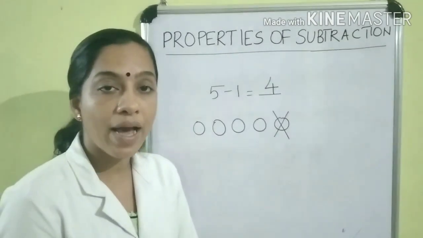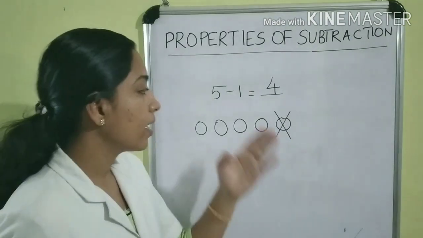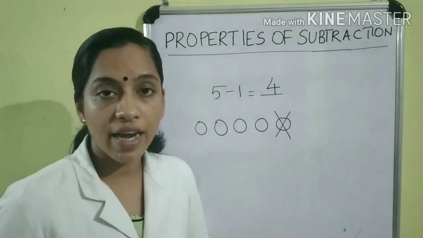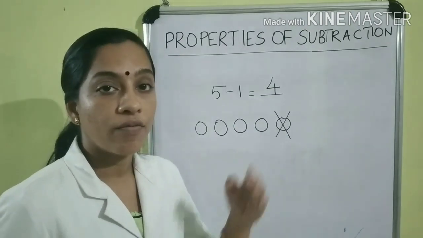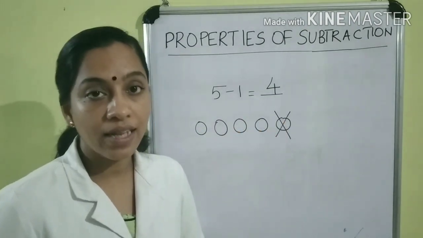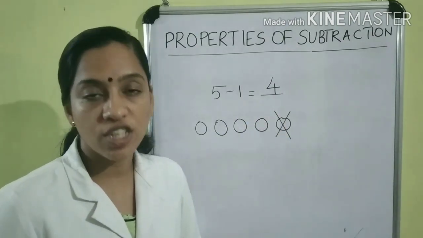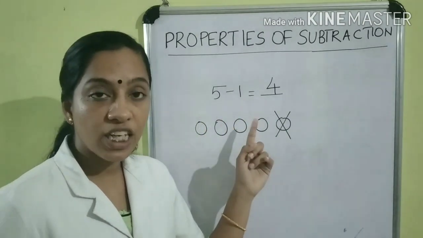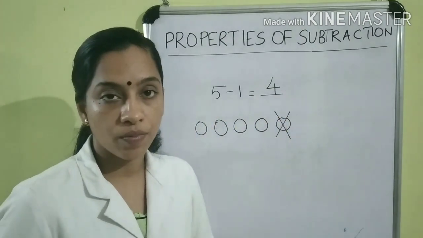That is 5 minus 1 is equal to 4. Tell me children, can you find out any relation between the numbers 5 and 4? Yes, the number 4 which comes before 5. Right? The number 4 comes before 5. So children, this is the property, that is, subtracting 1 from a number gives the number before.